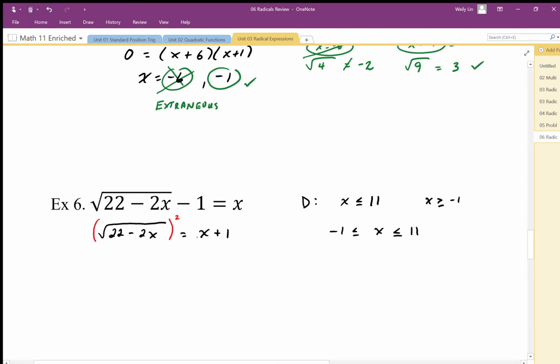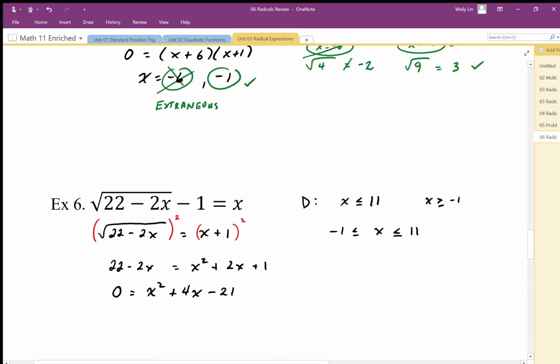Undo the square root, and then make it equal to 0. We end up with x squared plus 4x, and minus 22 from both sides, we get minus 21.